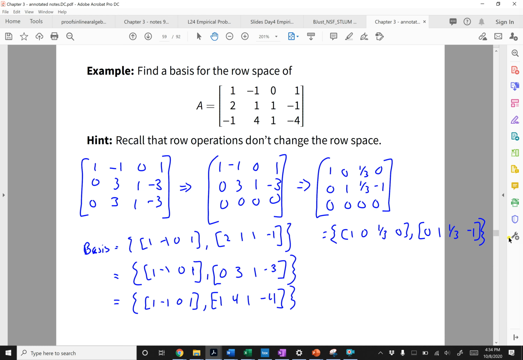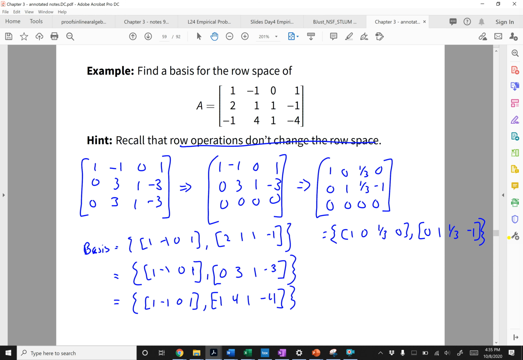Okay, I already did some work here so the video wasn't so long. Find a basis for the row space of A. So, yeah, row operations don't change the row space, but I do need to know if those rows are linearly independent. Because if they are linearly dependent, then the basis isn't all 3 of them. Then I would need to have fewer.